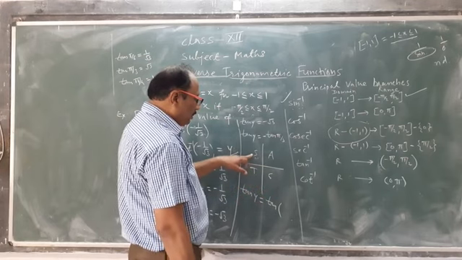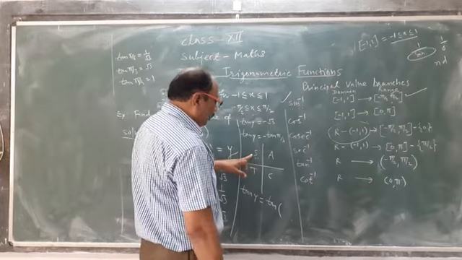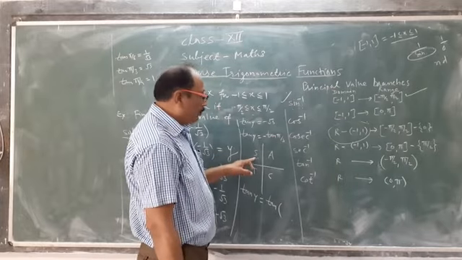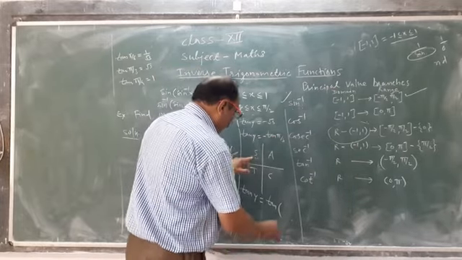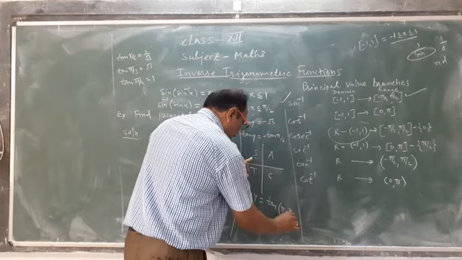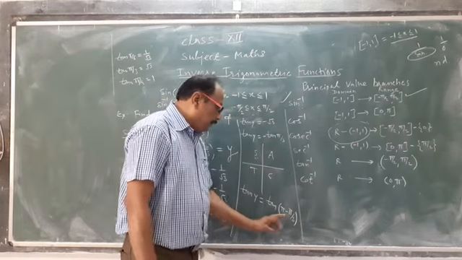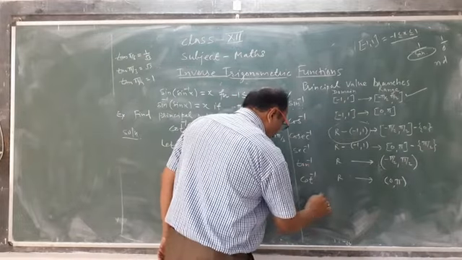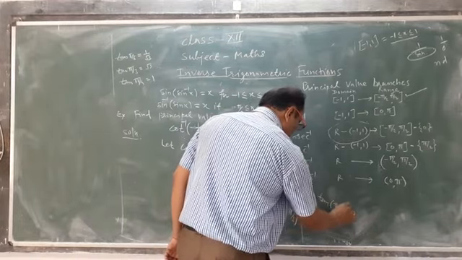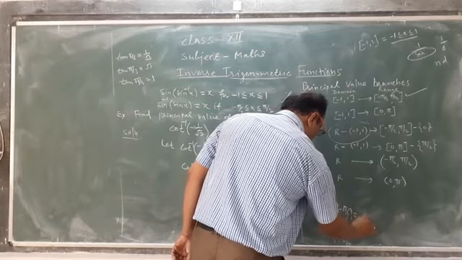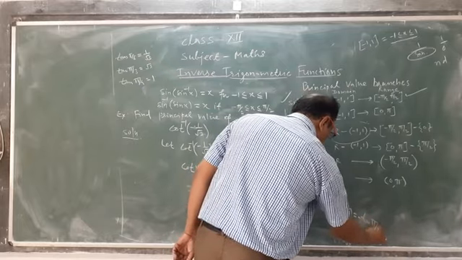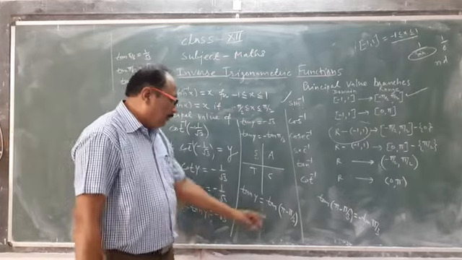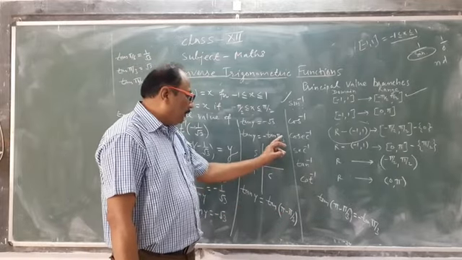So tan of pi minus pi by 3 is minus tan pi by 3.